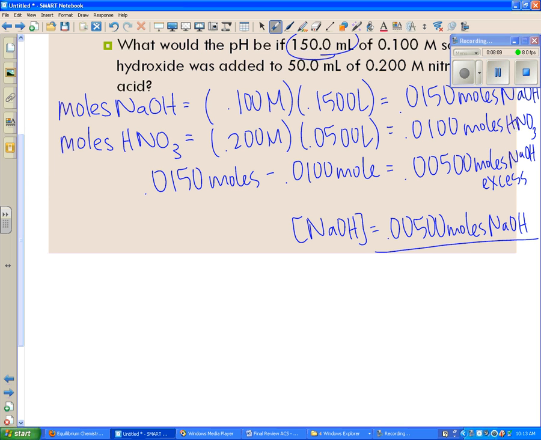At this point, what is the volume of the solution if we've added 150 milliliters of base to 50 milliliters of acid? 200 milliliters. So divide by 0.200 liters. The concentration of the sodium hydroxide is 0.0250 molar.